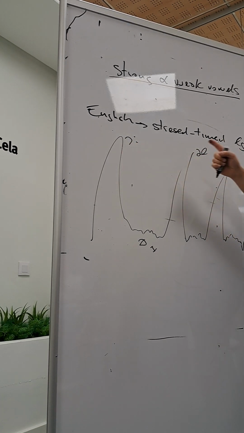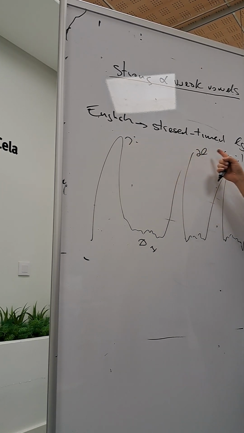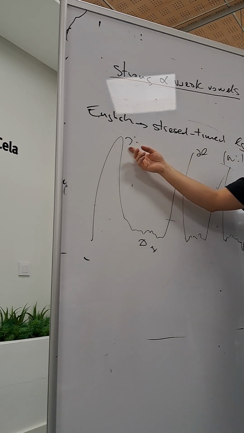Typically, what words are stressed? What words are typically stressed in English? The long vowels, but what words? As you mentioned, nouns and verbs. Content words: nouns, verbs, adjectives, adverbs. So content words typically get the stress, and they're typically long in length.